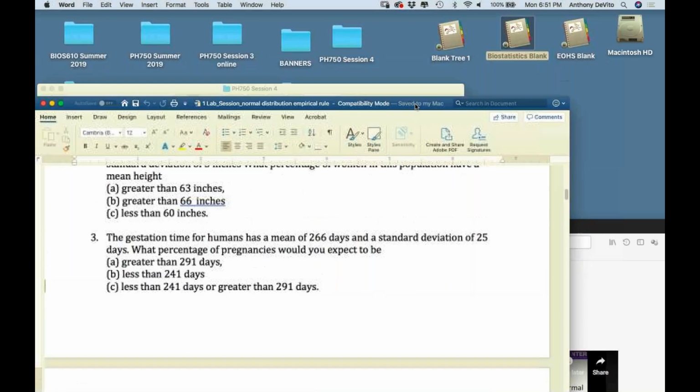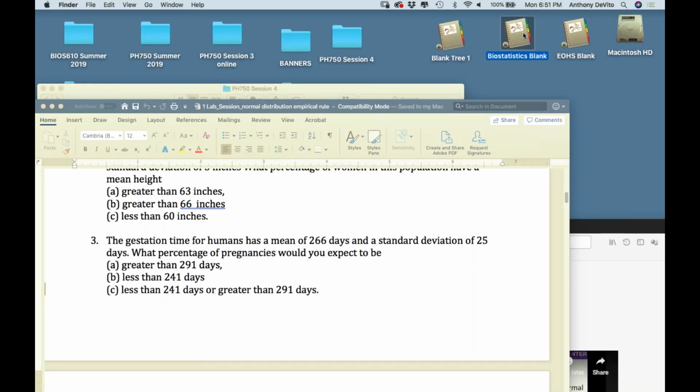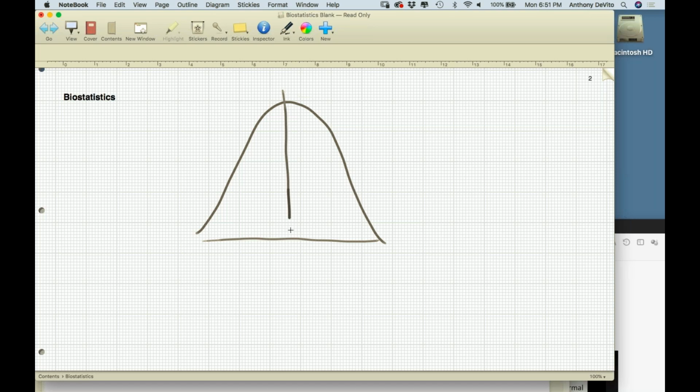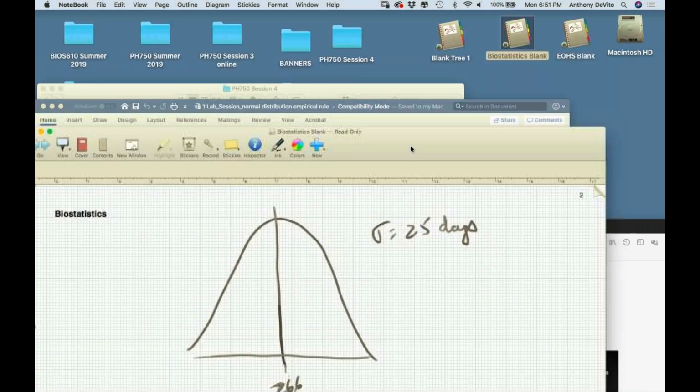Let me open up a sheet. Okay. So the mean number of days, 266, and the standard deviation is 25 days. Okay, so let's check out our question.